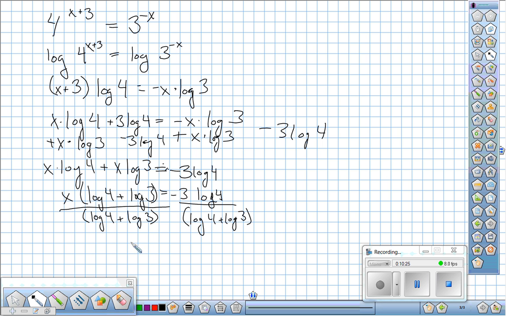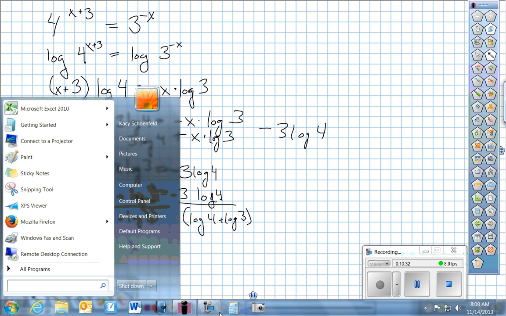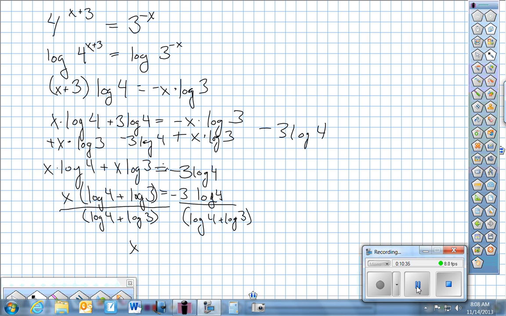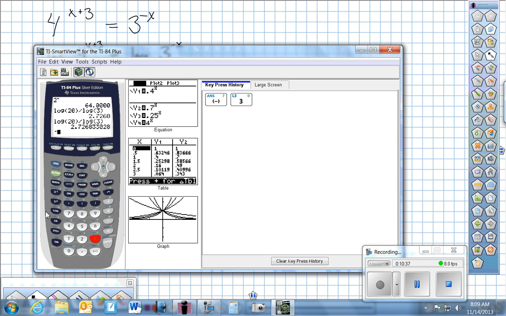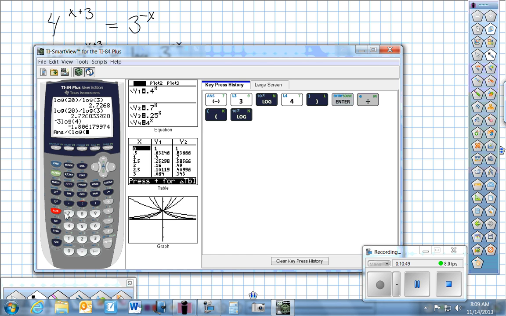And then that piece, I'm just going to go ahead and do the little pieces in my calculator. So then I have negative 3 log of 4. I'll do that piece on top. And then I have divided by the log of 4 plus the log of 3. Not 33, just 3.